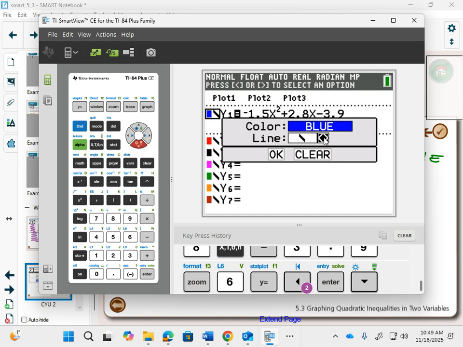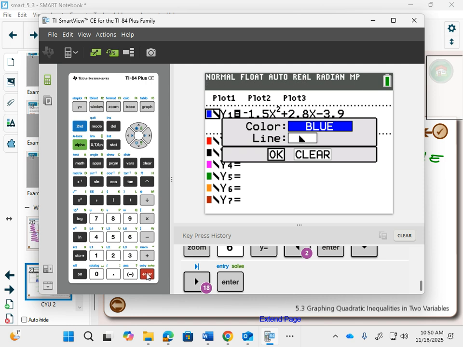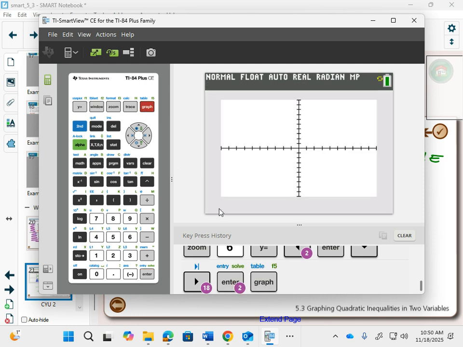But for this one, I can have it shade above with this triangle, shade below with this triangle, draw it with a circle, draw it without a circle, draw a dotted line. I have a whole bunch of different options. I actually want to shade below, so I hit OK. And now when I graph it, it shades on the inside.